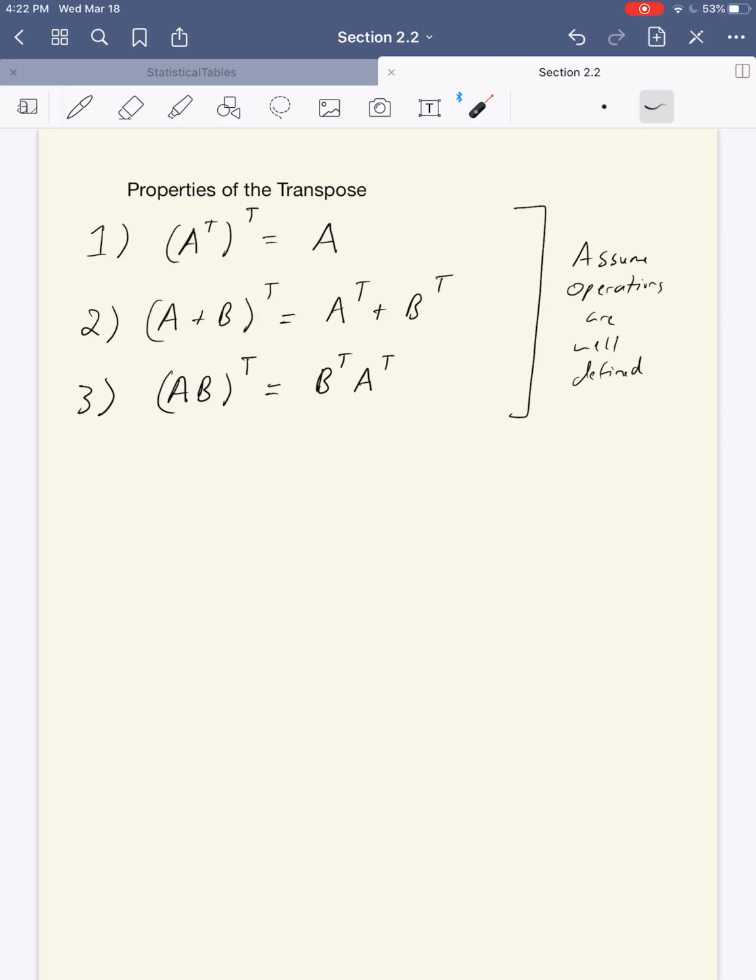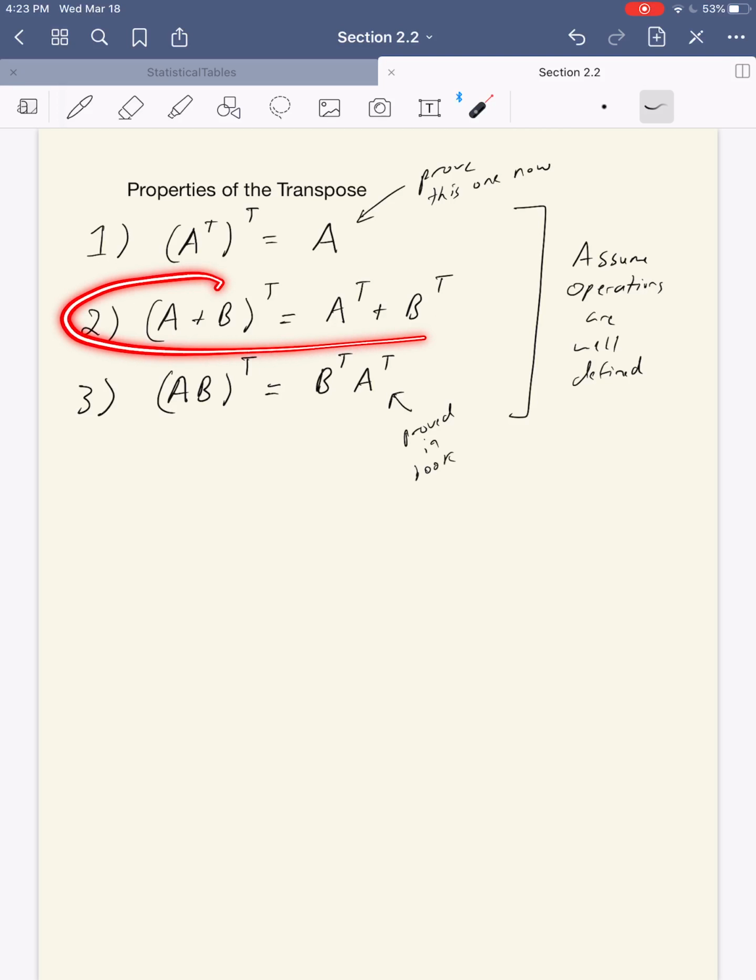Now, if you look in your textbook, property 3 is proved in the book. So we are going to go ahead and prove property 1 now. And I would recommend, once you've read the proof of property 3 in your textbook, and once you've looked over the proof we do for property 1, see if you can go ahead and create one for property 2. So let's take a look at how we would prove property 1.